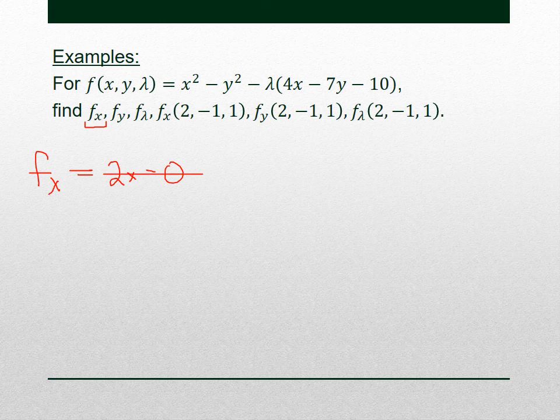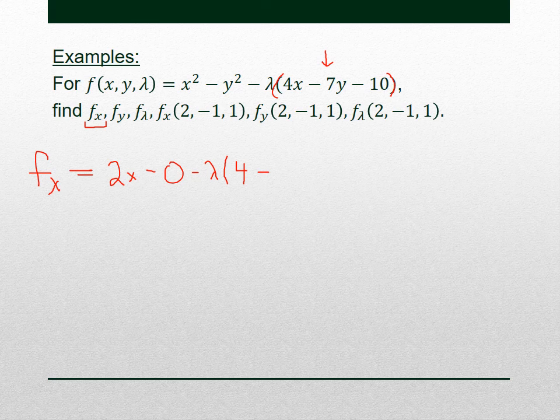And now we have minus lambda times a bunch of stuff. And so we're treating lambda as a constant. So what do you do when you take the derivative and there's a constant out front? Well, it just comes along for the ride. So we're going to leave the lambda out front and just take the partial derivative of all the stuff inside these parentheses.